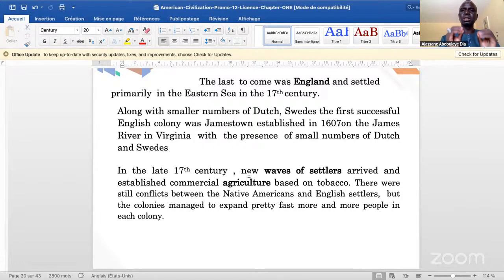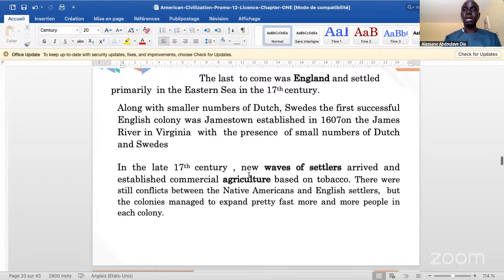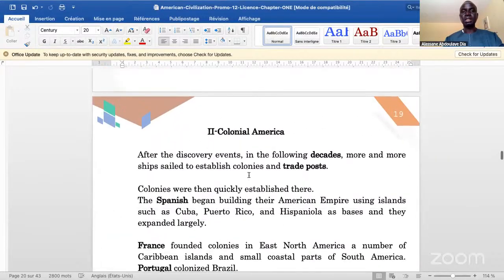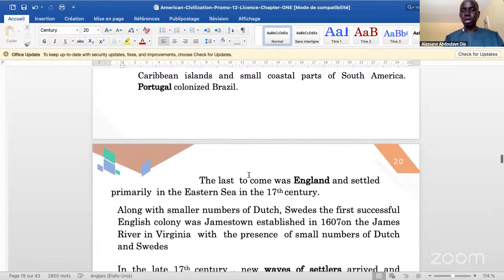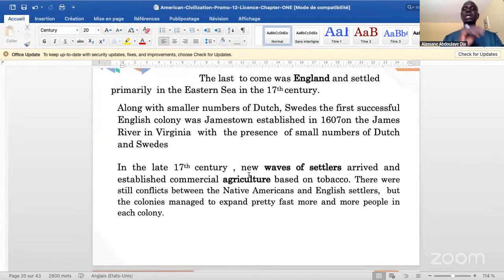And England settled primarily in the Eastern Sea in the 17th century. I make it simple. England came the last because, class, Spain arrived, France arrived, Portugal arrived. Now England was the last to arrive.